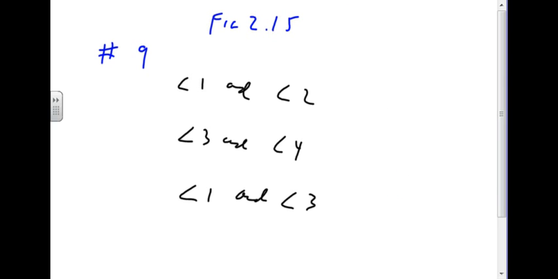Where's the red marker? There, is that better? Complementary angles, as I was saying, means 90 degrees. So we want to find complementary angles. All right, so we'll do it again.